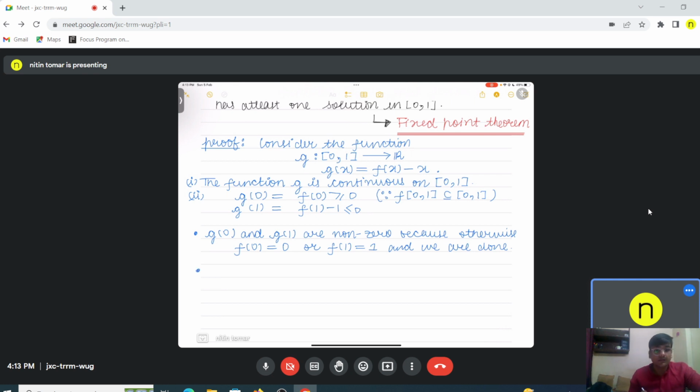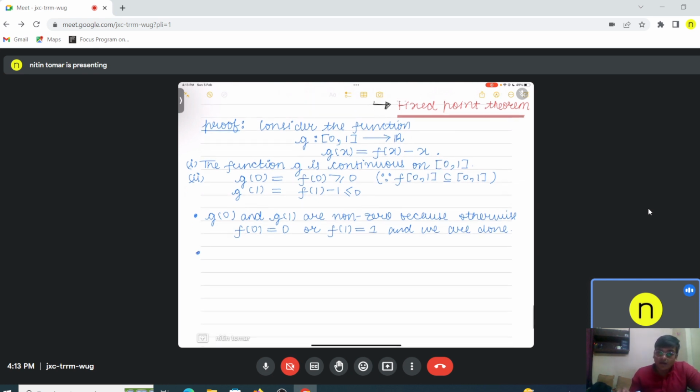So this we can assume. Now if they are non-zero, then we have g of 1 strictly less than 0, and 0 is less than g of 0, right? Yes, so this we will have.